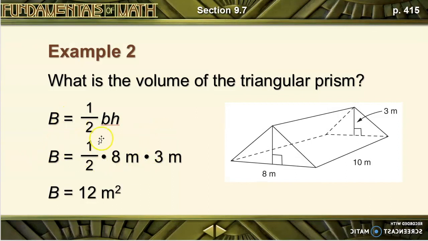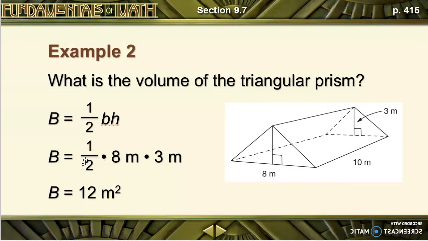Now, these triangles are the bases, so the area of one triangle is going to be base times height divided by 2. 8 times 3 is going to give us 24, divided by 2 gives us 12. The area of the base is 12 meters squared, times the height of the triangular prism, which is going to be 10 meters.